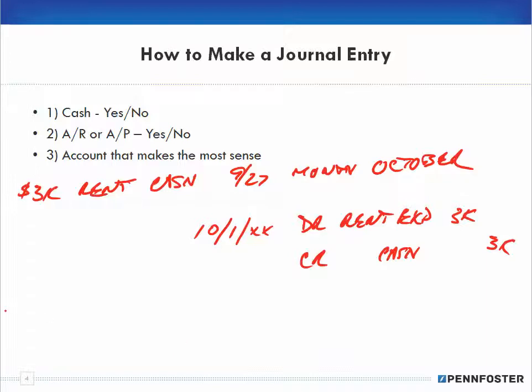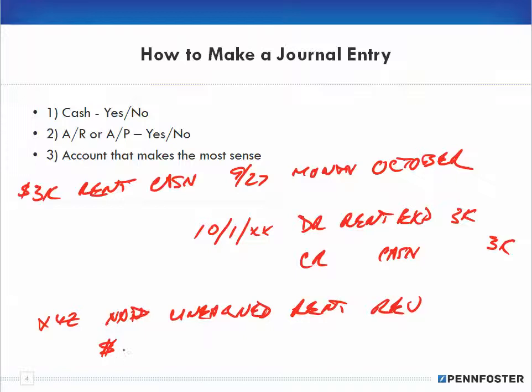So then when you come across something along the lines of, let's say, XYZ company had unearned rent revenue in the amount of $4,000 for the month of, I don't know, March. Make the journal entry.